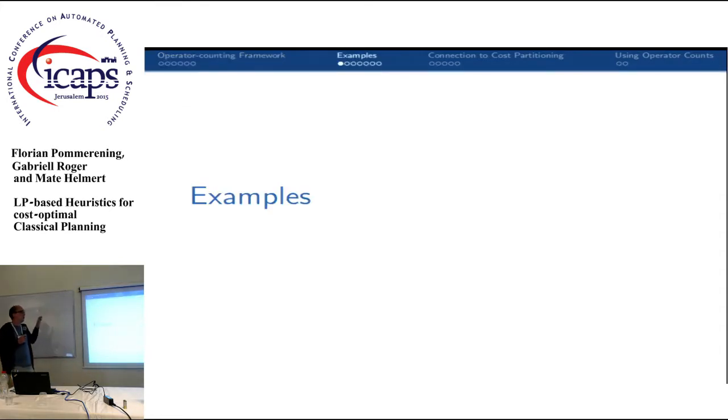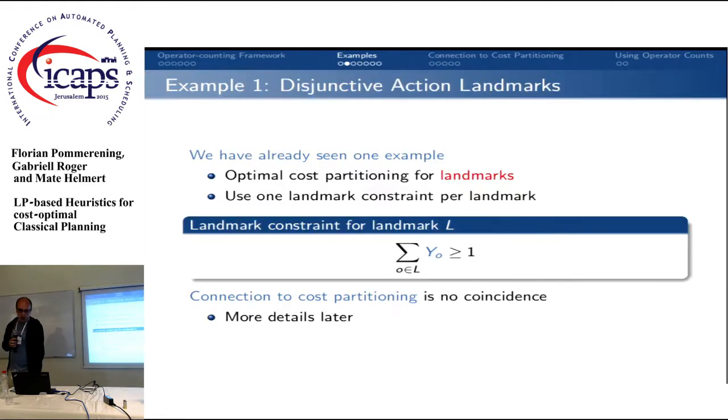So I now want to go through 4 examples of heuristics that we already know can be expressed as operator counting constraints. And the first one is something we've already seen, which is disjunctive action landmarks. So the last formalization that Gabi showed already had the form that we need for operator counting constraints, which is the sum that just says we need to use at least one operator from this set.